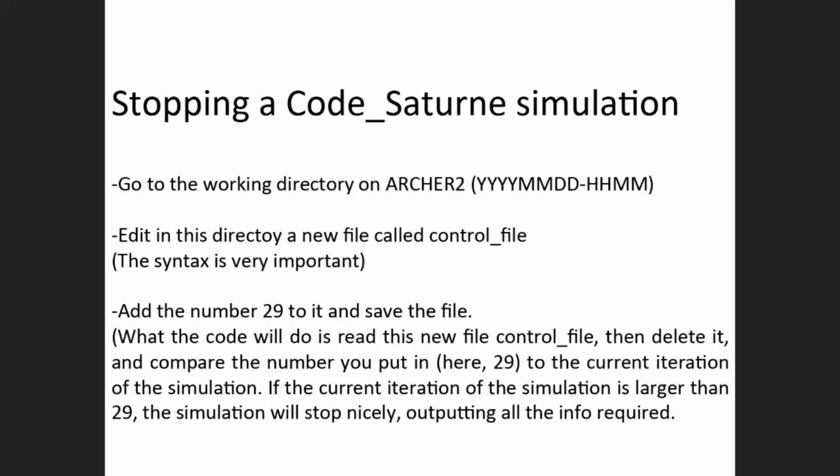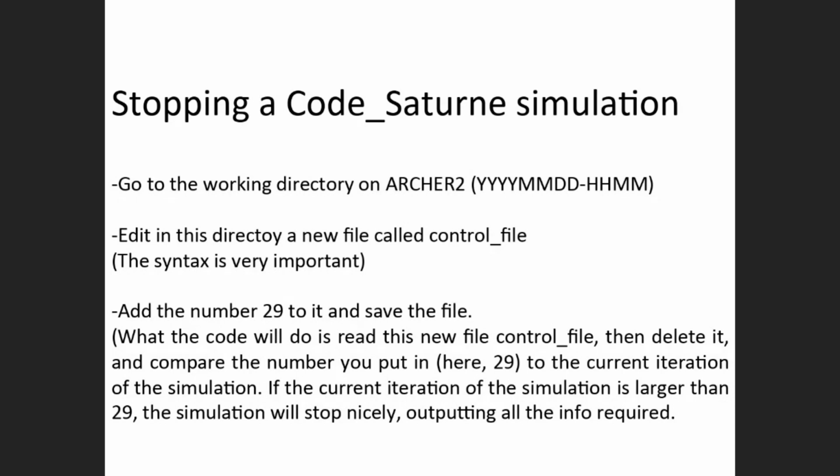And that's going to stop the simulation and dump all the files in a nice way. So you are going to get post-processing, monitoring, and checkpoints, and as well the end of the listing file.